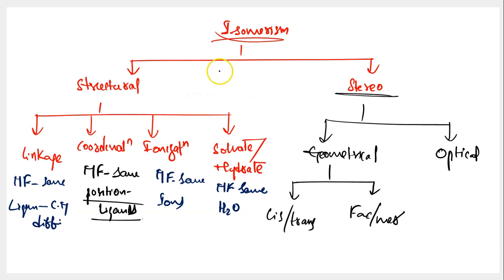So basically isomerism in complexes can be of 2 types, structural and stereo. In stereo isomerism there are 2 types further, geometrical and optical. Geometrical isomerism deals with arrangement of ligands around central atom, adjacent or non-adjacently. So this geometrical isomerism can be further classified into cis-trans and Fachmer isomers.